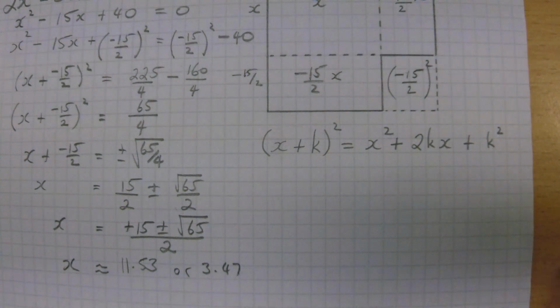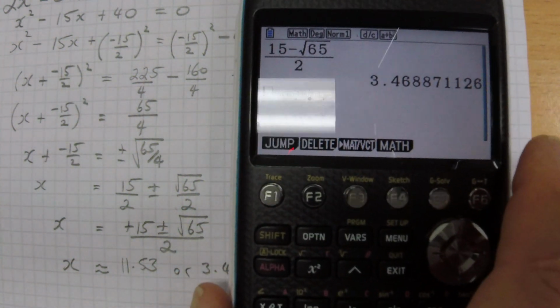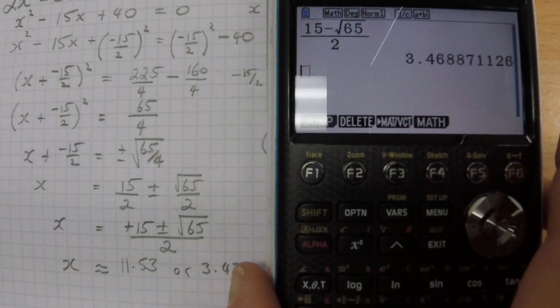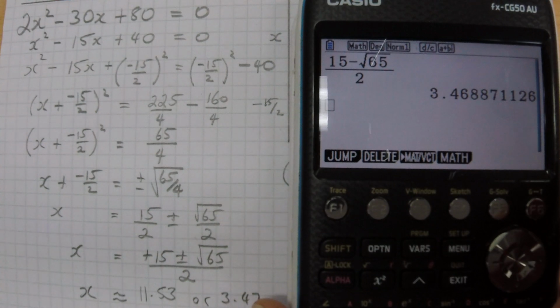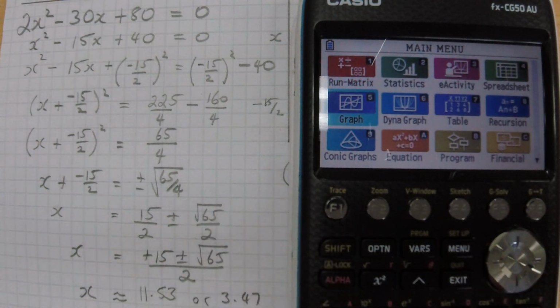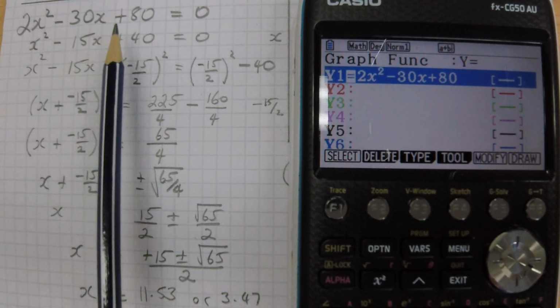There's another way we could have solved this too. We could have used the calculator. There's a bit of a reflection going on there on the screen of the calculator, isn't there? So we could go back to the menu, to the graphing app. Now you'll note my original equation here.